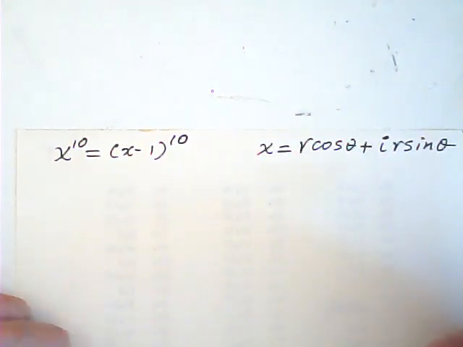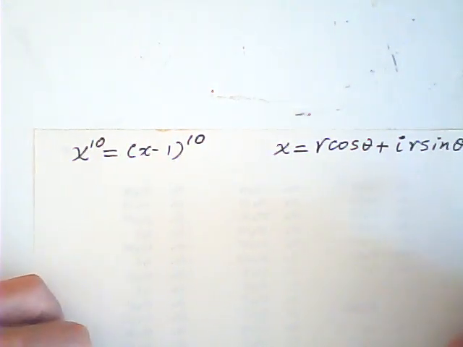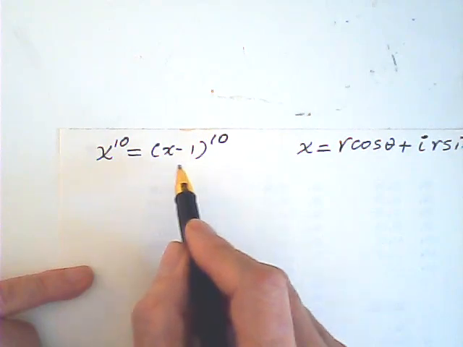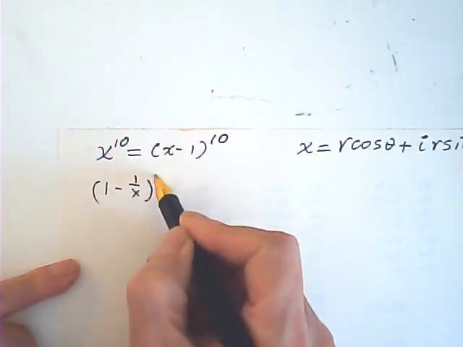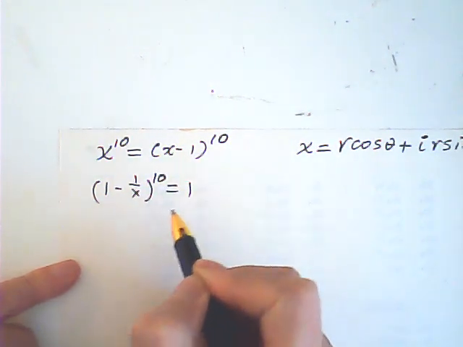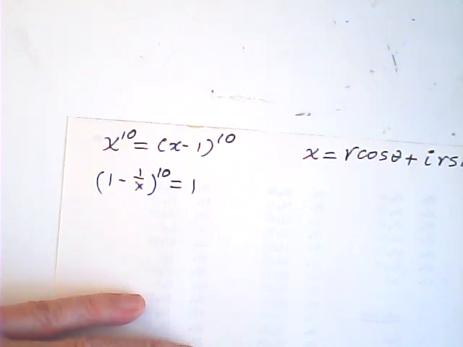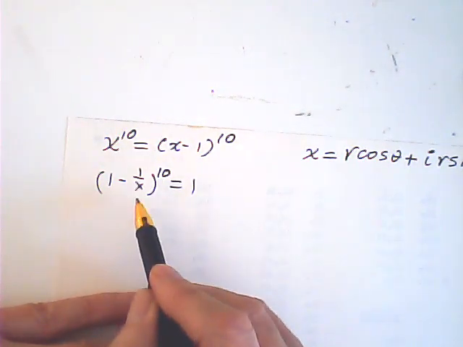That is x. And also we know that from this equation, 1 minus 1 over x to the 10th power is equal to 1. Yeah, from this equation you have this one, right?